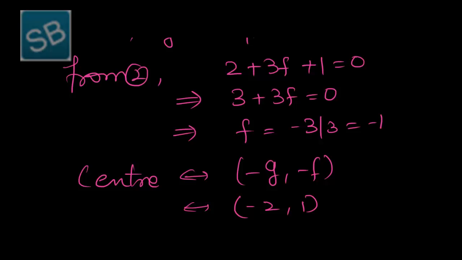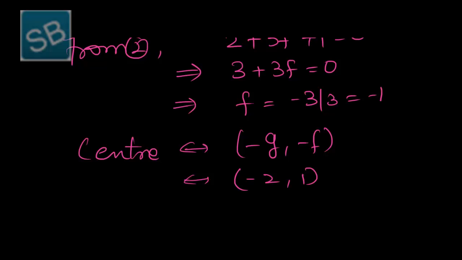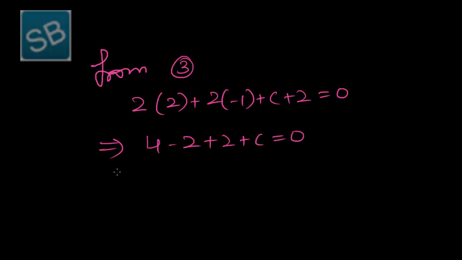And from 3, as we have the values of g and f, we can find the value of c. So from the third equation we get 2 into 2 plus 2 into minus 1 plus 2 plus c is equal to 0. So that gives 4 minus 2 plus 2 plus c is equal to 0. That is c is equal to minus 4.